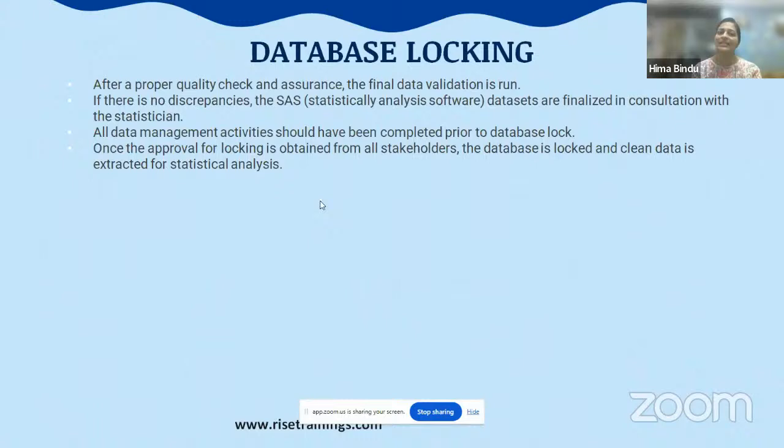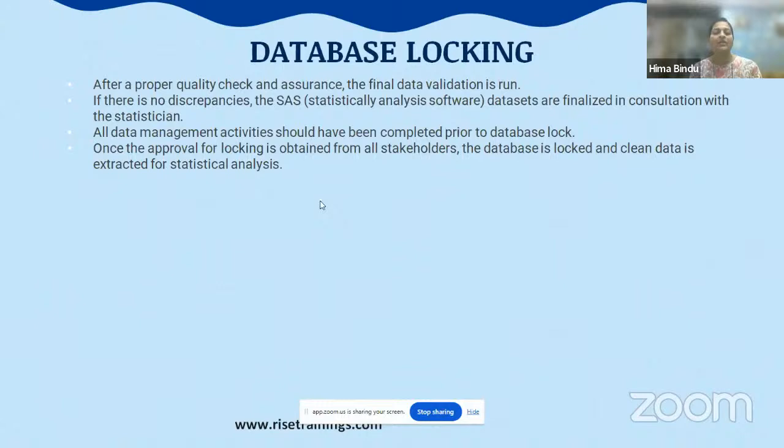So we'll freeze the data, and once we feel that every data is clear and clean without any queries, then they will lock the data. Once the data is locked, no one can edit it again. Even the CDM person who is reviewing the data cannot edit it, because if editing is possible even after we lock, then everyone can manipulate the data.